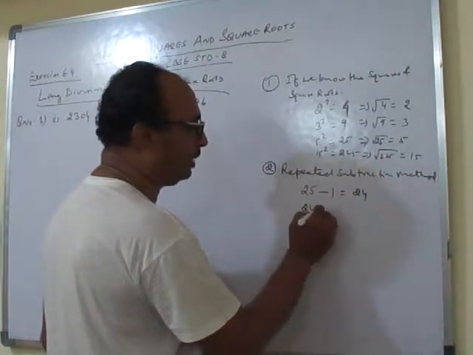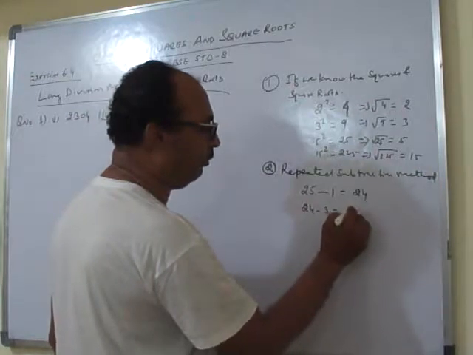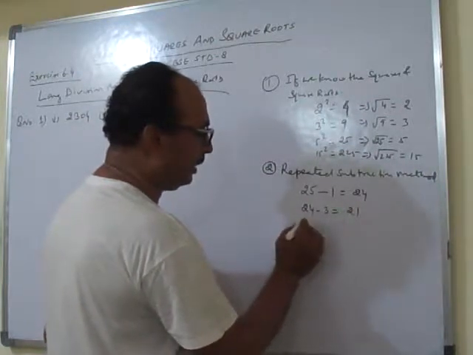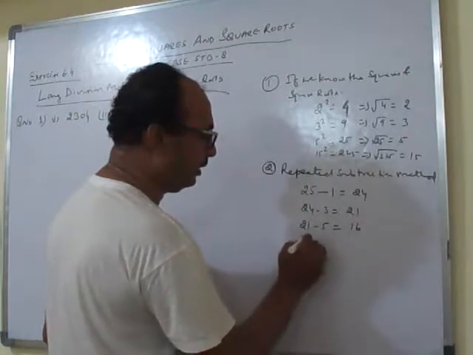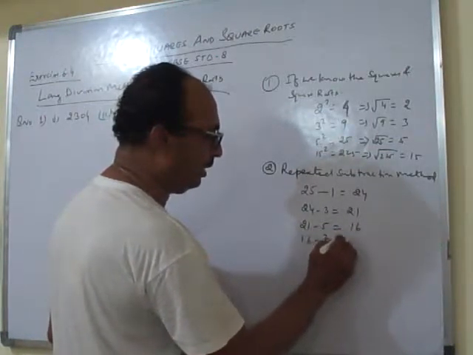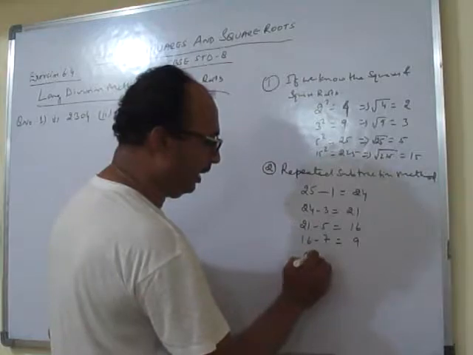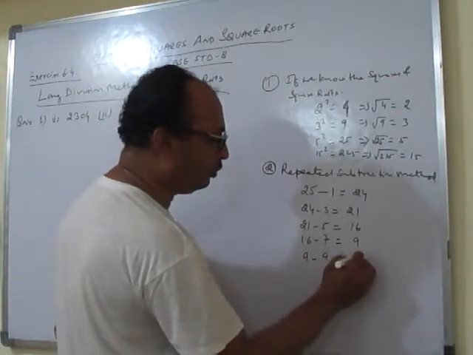Then 24 minus 3 gives you 21. Then 21 minus 5 is 16. Then 16 minus 7 is 9, and 9 minus 9 is equal to 0.